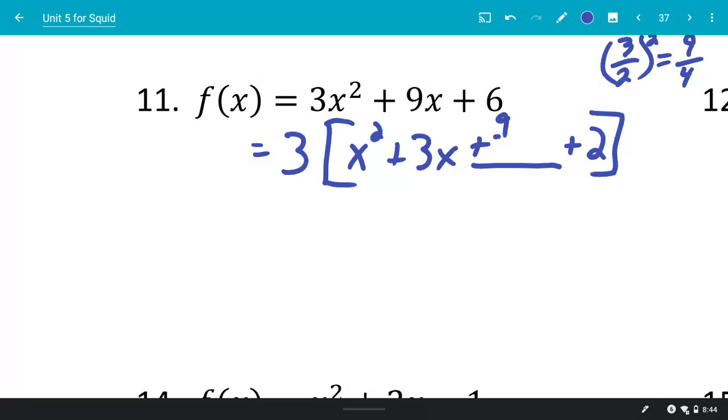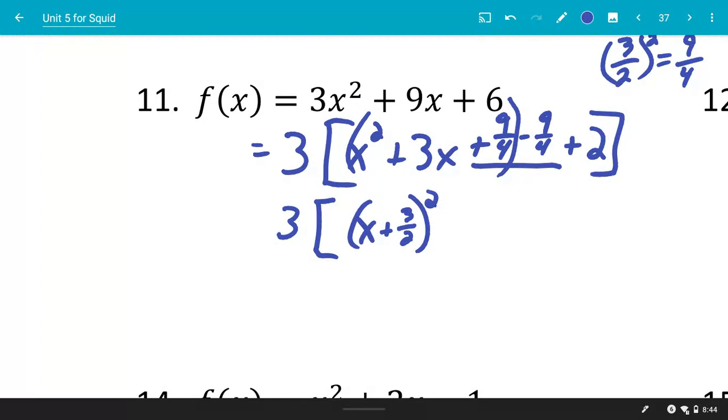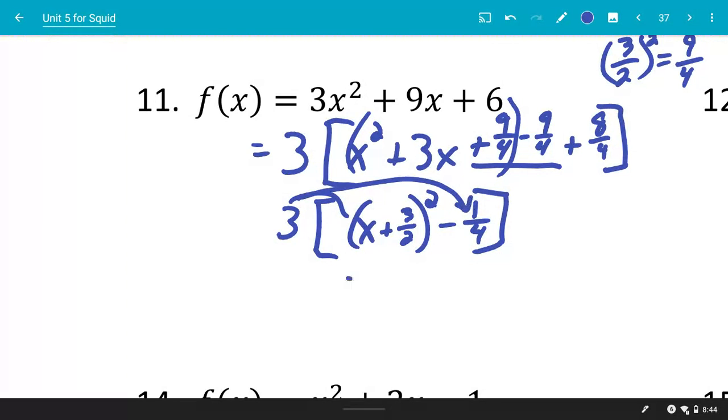So plus 9/4 minus 9/4. There's a perfect square trinomial. Factor it: x plus 3/2 quantity squared. And then I could rewrite 2 as 8/4, right? So minus 1/4. Distribute the 3 back in. So I get 3 times x plus 3/2 quantity squared minus 3/4.